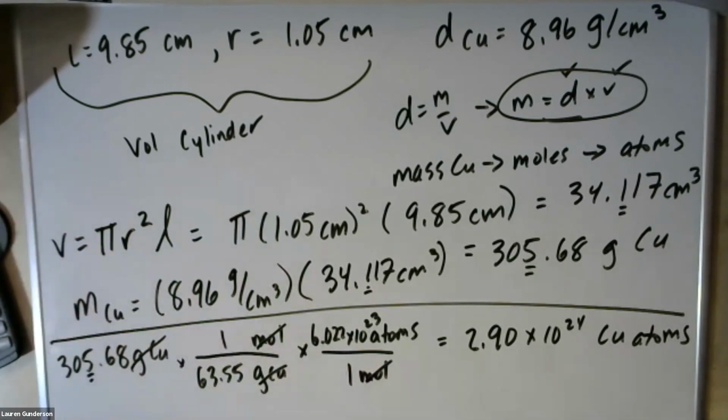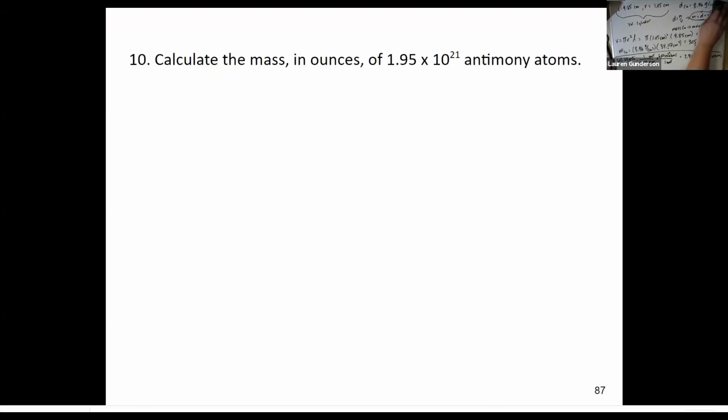For some of the next ones, I incorporated some other conversion factors into the questions just so we can remind ourselves of what those more difficult conversion factors were, or the ones that you weren't used to. They're not really difficult, they're just not usual. So there's a question like this where it says, calculate the mass in ounces of 1.95 times 10 to the 21 antimony atoms.